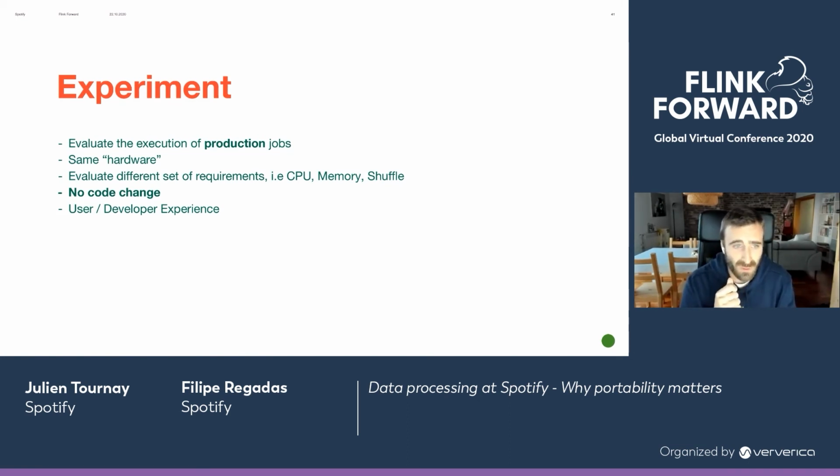In this experiment, we also wanted to make sure we use the same hardware, which means the same instance types, the same persistent disk type and size, and we want to keep the no code change policy. We want to just take the job that is running right now in production and run it on Flink. And we also want to evaluate the user developer experience to see how it compares to our current solution.